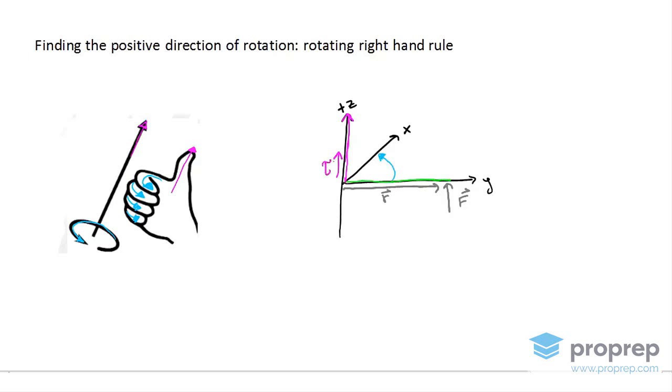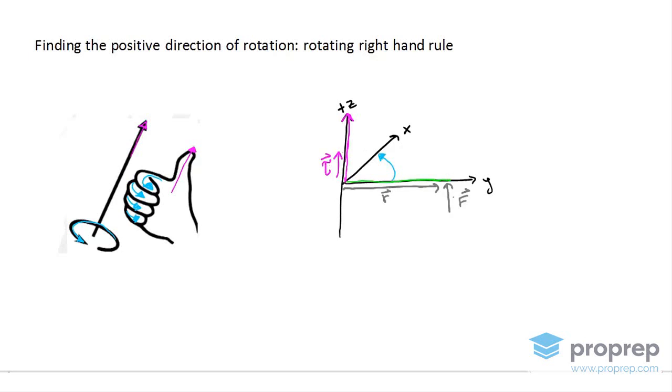Sorry, not momentum, this was our torque. Because it's pointing in the positive direction of the z-axis, we can say that our torque is positive.